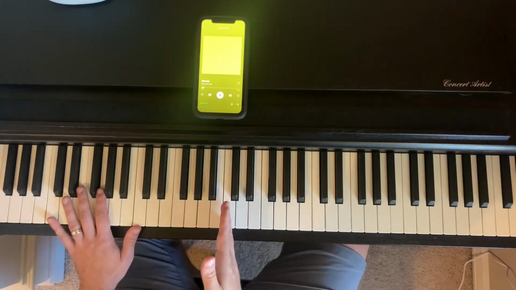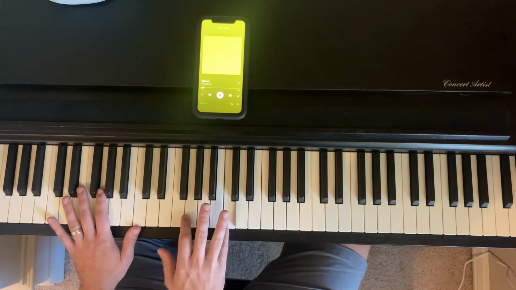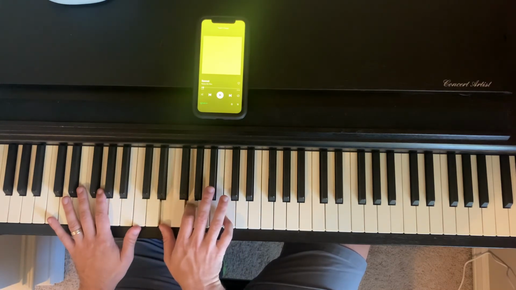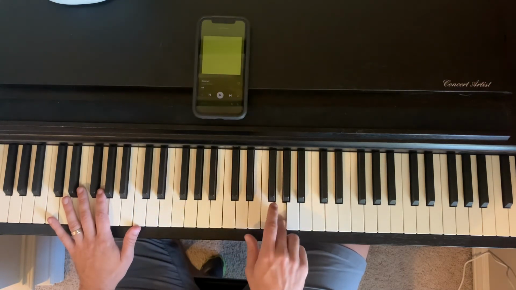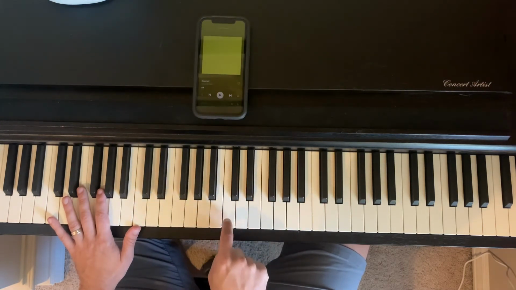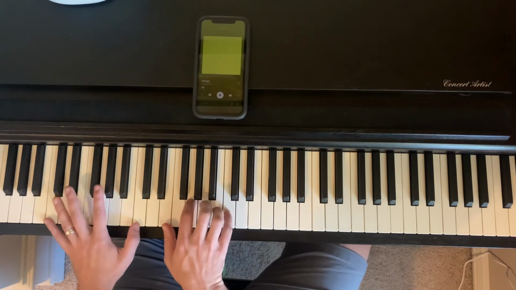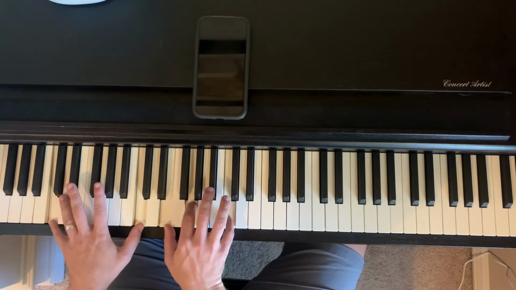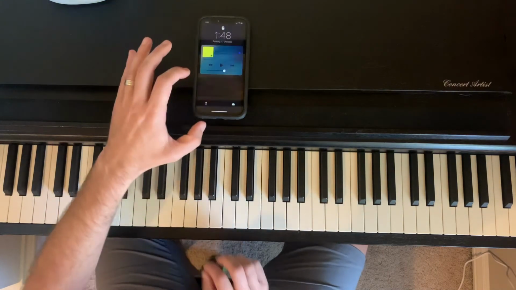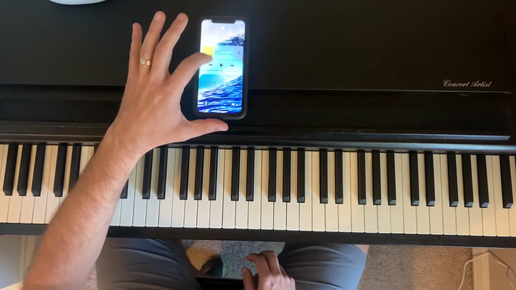So when I hear that note at the top, I know that he's probably in some sort of a 3-5-1 chord structure. He's not in a 1, 3, 5, or I'd hear that note at the top. So my guess is he's probably doing something like this: 3, 5, 1. Let's see if that sounds about right.